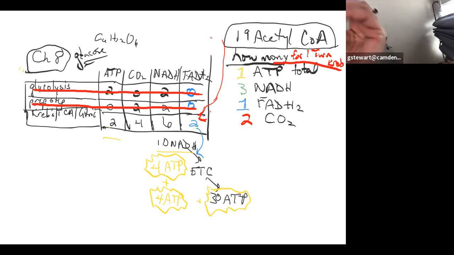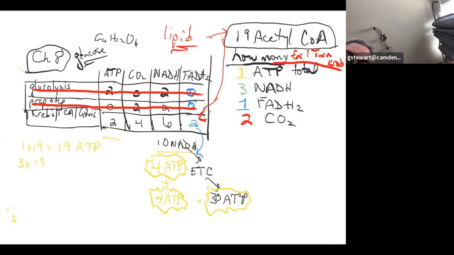I'm going to go around 19 times because my lipid that I've digested has 19 acetyl-CoA units. So the first thing I'm going to need to do is multiply each of these by 19. All right, so 1 times 19, that's easy. So that's 19 straight up ATP. 3 times 19.